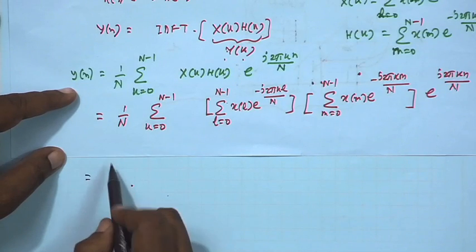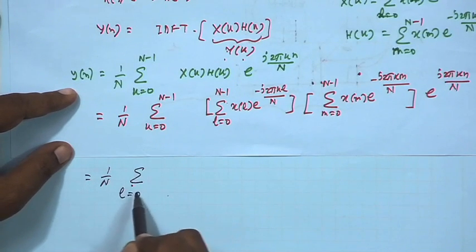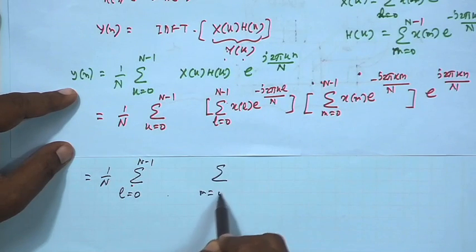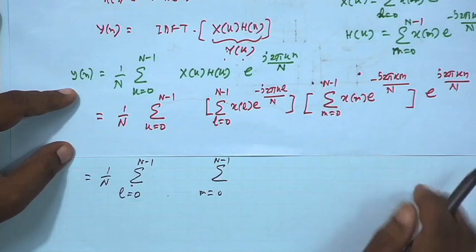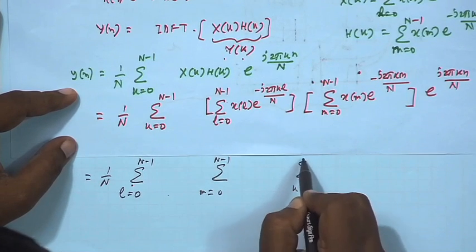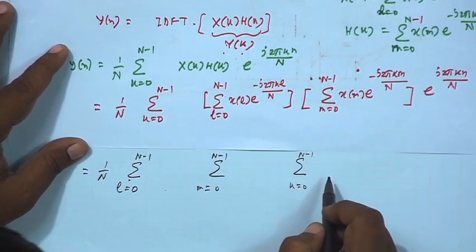you will have 1 by N outside, then L equal to 0 to N minus 1, then m equal to 0 to N minus 1, and inside is the sum over k. So, all functions of k should be here.